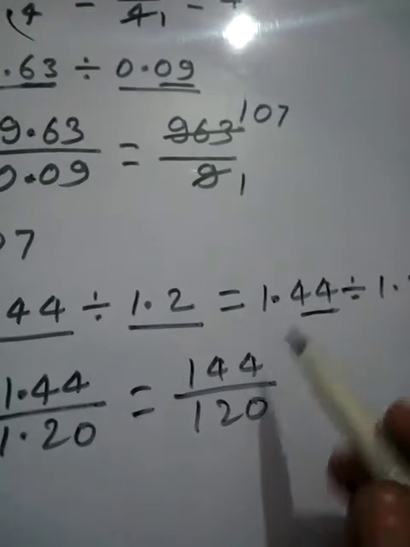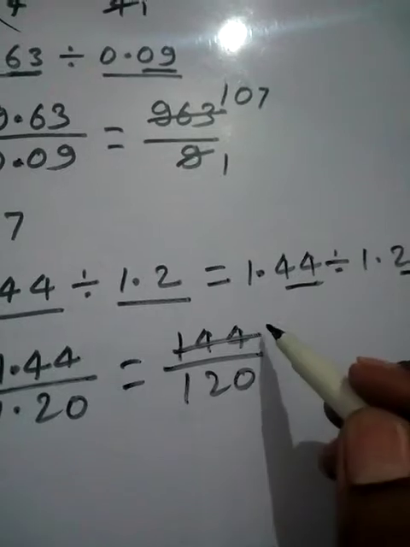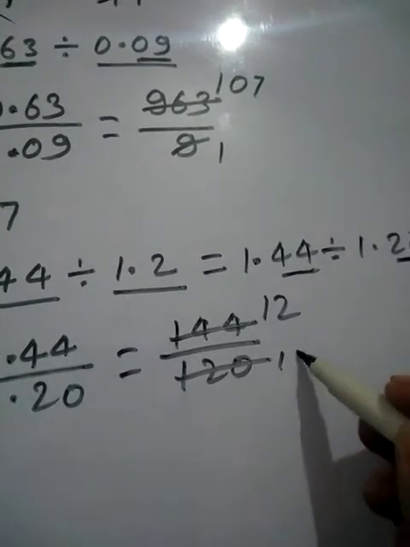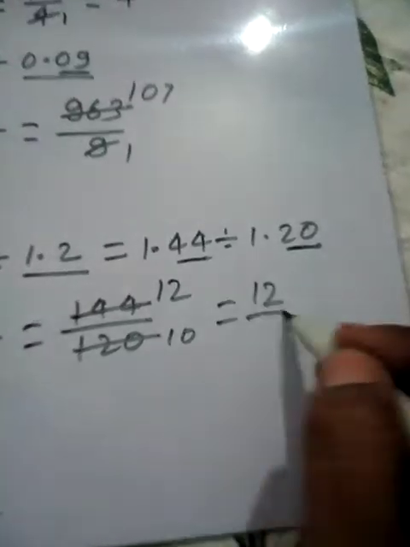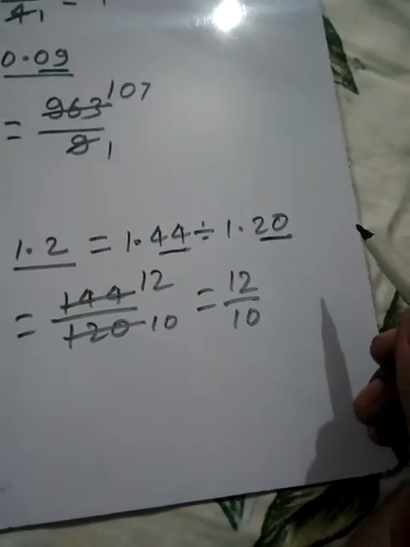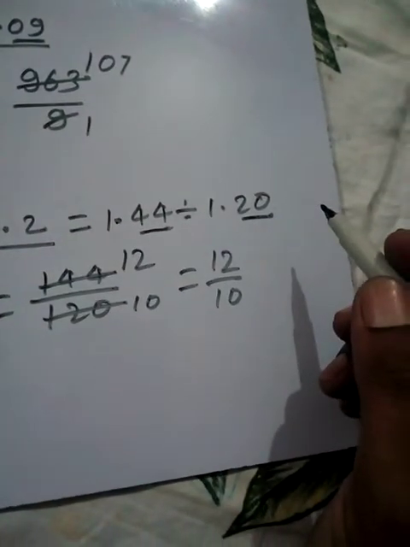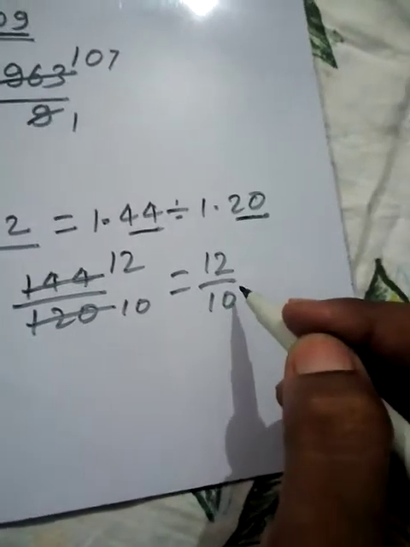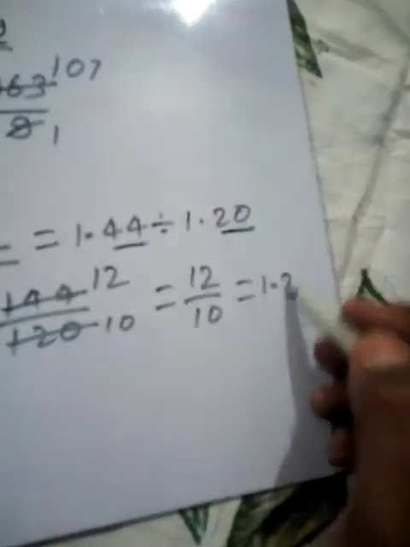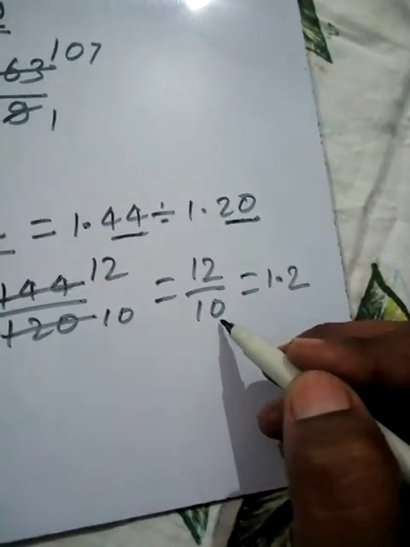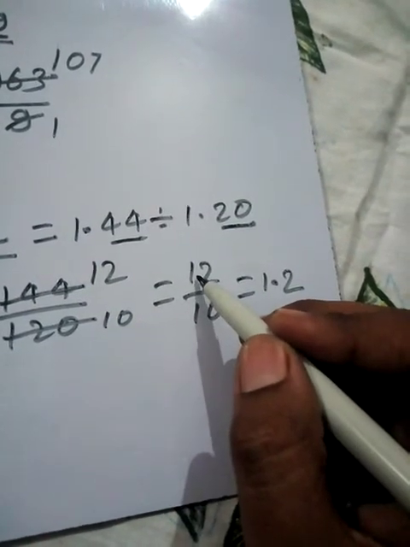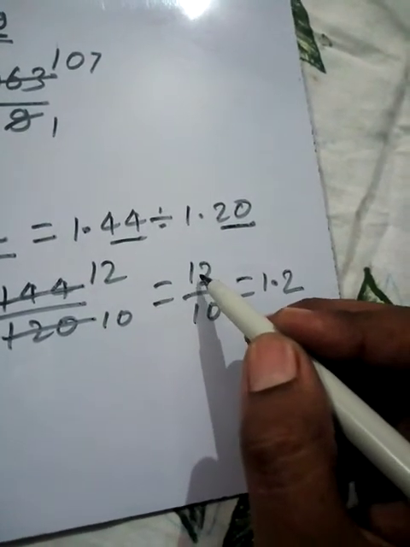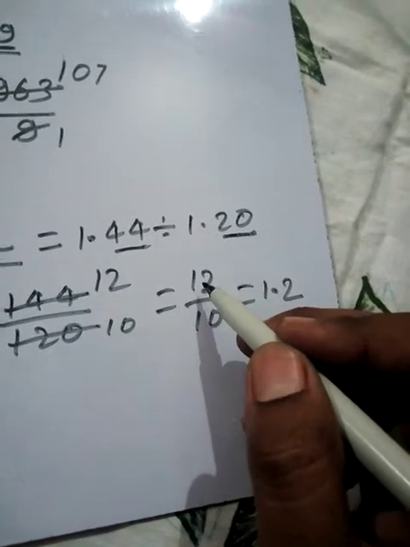How? 12 twelves and 12 tens, and you know this will be 12 by 10, and you have read in the decimal fraction chapter, you can write it as 1.2 because the number of zeros here is one, in 10. So you can just put the decimal after one digit from the right side.